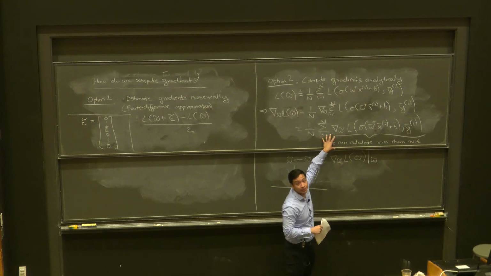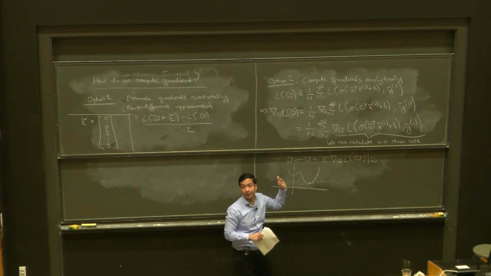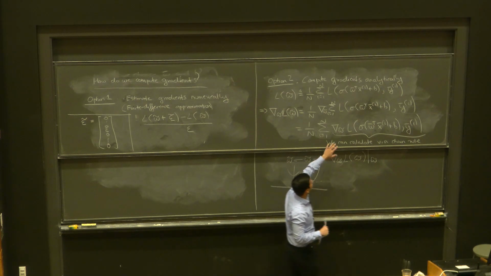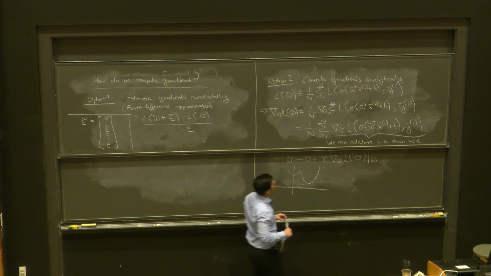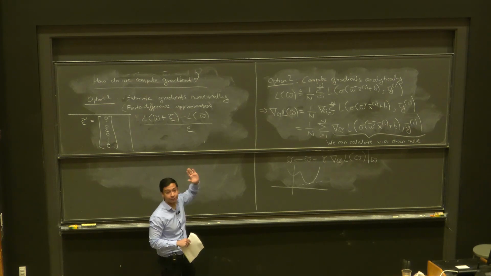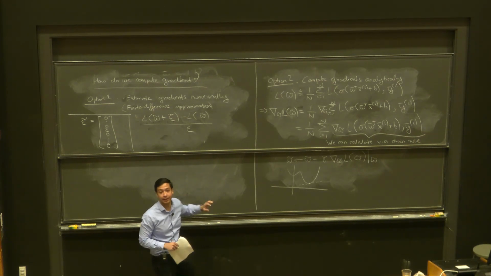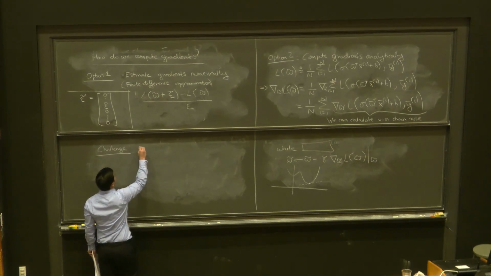Each term in the summation corresponds to a particular example in your training data set. So for each example in your training data set, you need to calculate the gradient of the loss with respect to your parameters, and then evaluate that gradient at the current setting of parameters. This can be pretty computationally expensive.